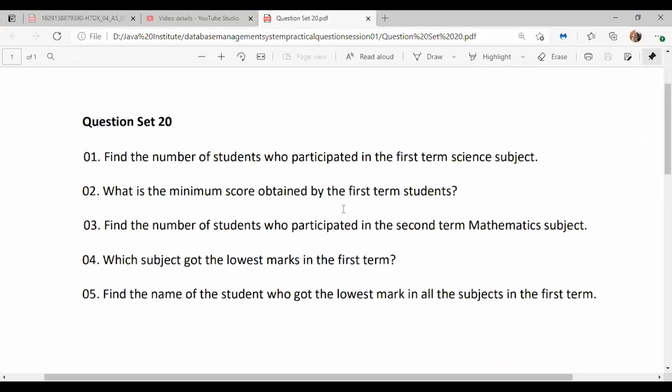In the fourth question, it says, which subject got the lowest mark in the first term? So let's write the query for this.